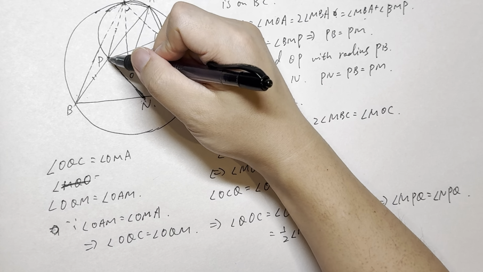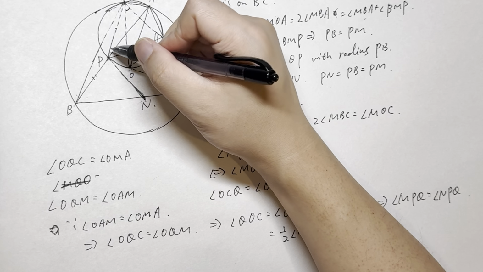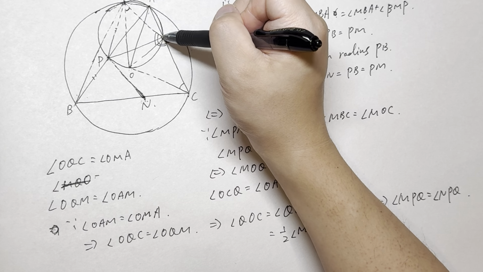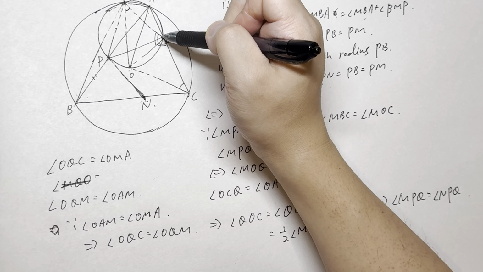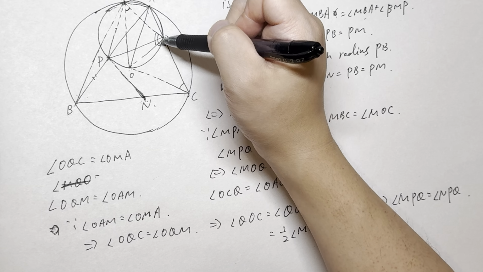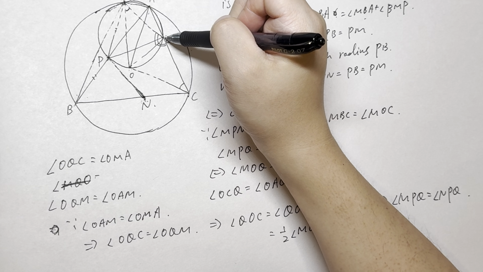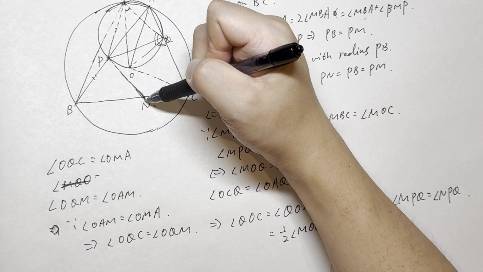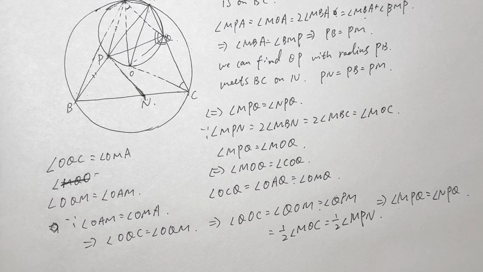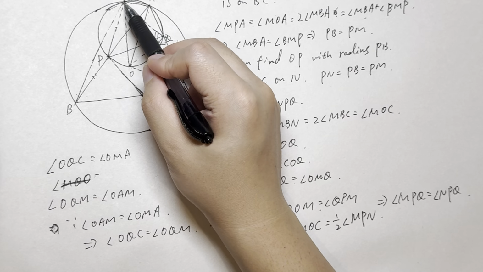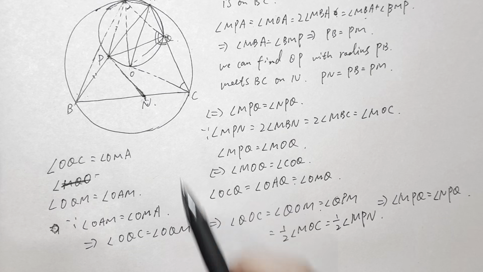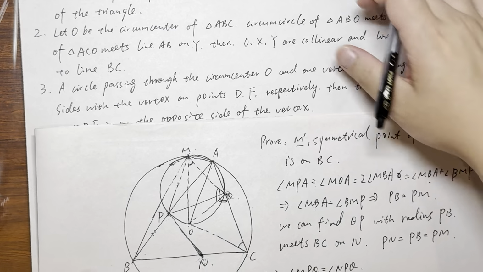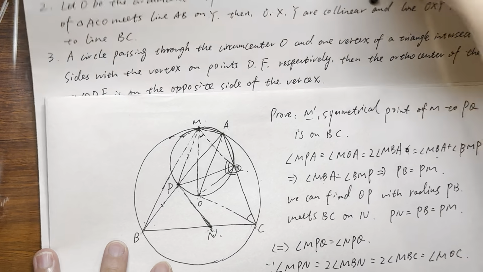Then we know that PM equals to PN, PQ equals to PQ, and angle MPQ equals to angle NPQ, which means triangle MPQ and triangle NPQ are congruent, right? And it's easy to know that M and N are symmetrical points. Therefore, the symmetrical point of M with respect to PQ is on BC. Okay, let's call it problem one, property one as well.